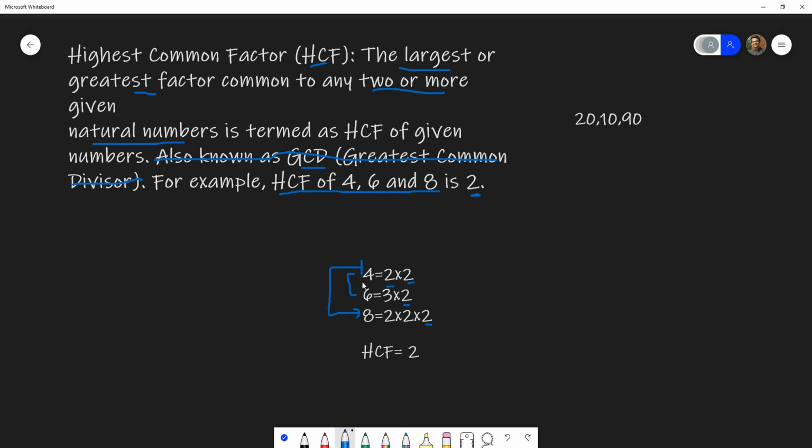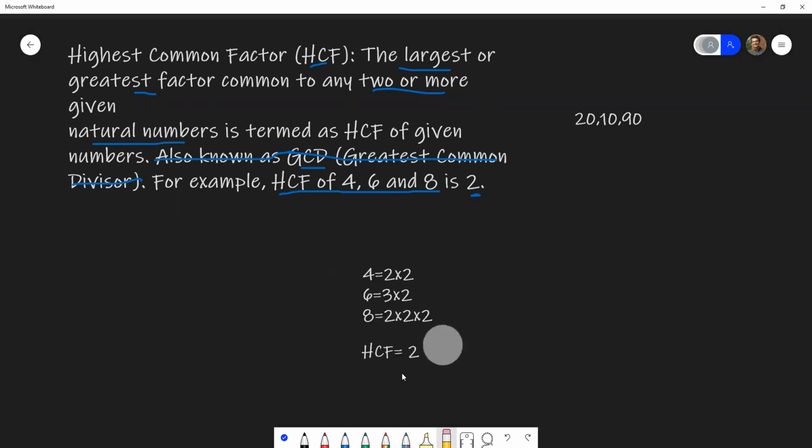But if we compare from 6 and 8, what do we have? Only this 2 and this 2, right? So if we take all 3 comparisons together, we get only one 2 from each line, right? Yes, sir. So that is the HCF. It's really easy.